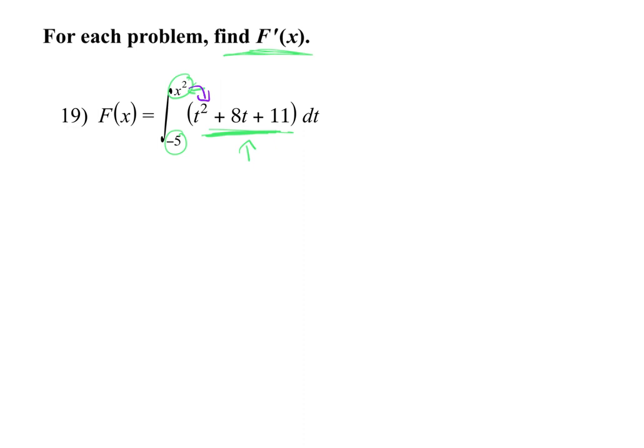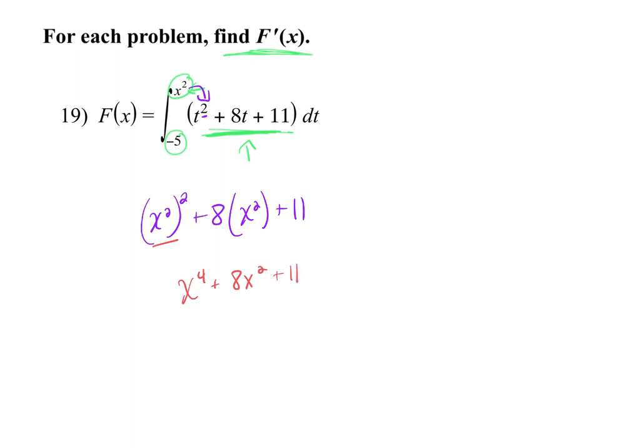So I have to plug it in. So I'm going to say x squared in the first part, and then I actually have squared, plus 8 times x squared, that's my top function, plus 11, all right? I'm going to obviously simplify: x to the 4th plus 8x squared plus 11.